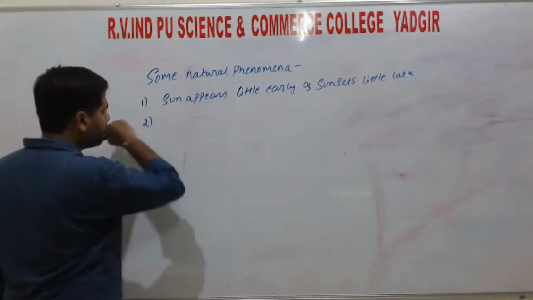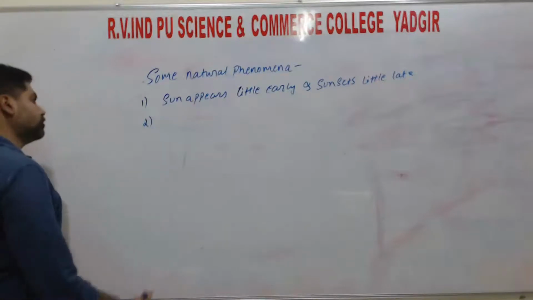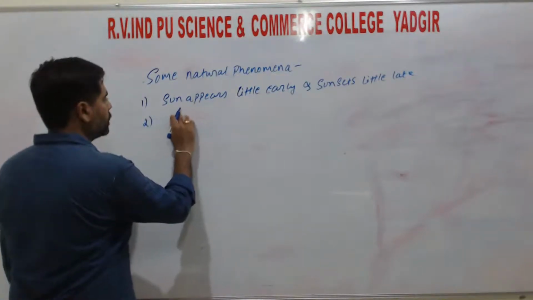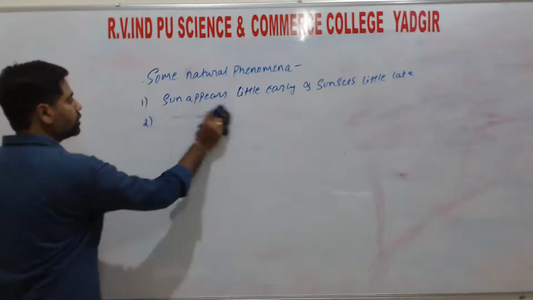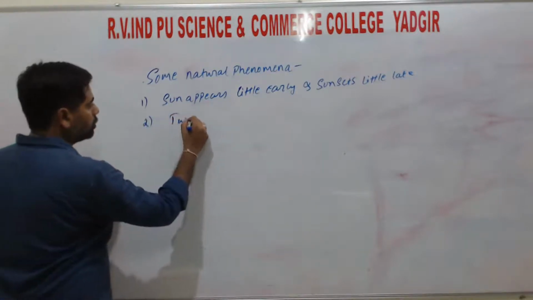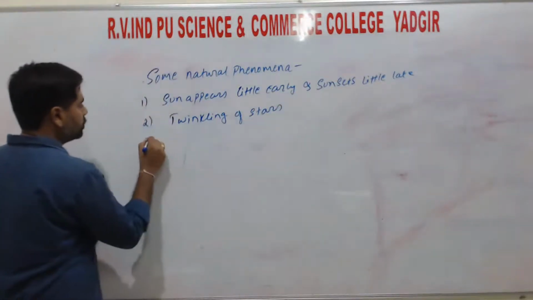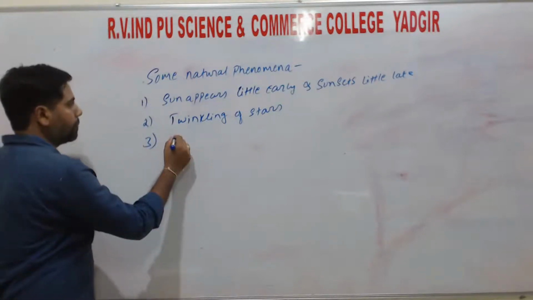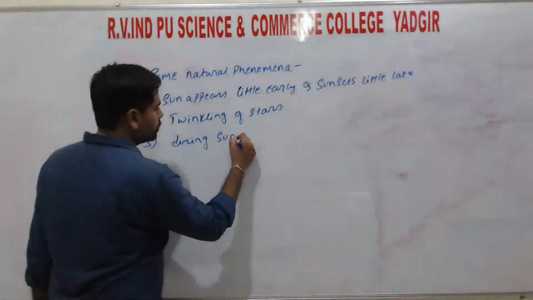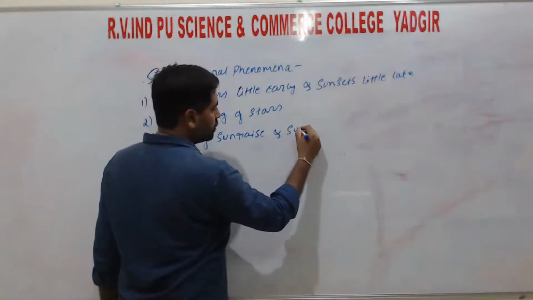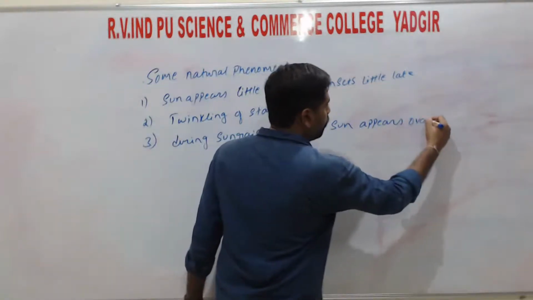Next, the second one is twinkling of stars. During sunrise and sunset, the sun appears oval in shape.